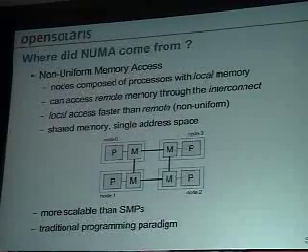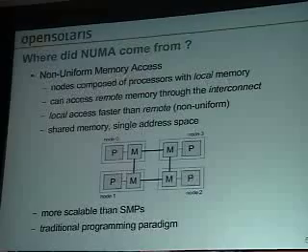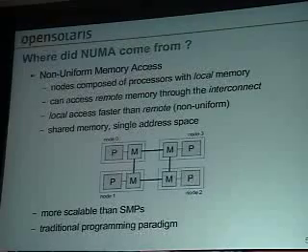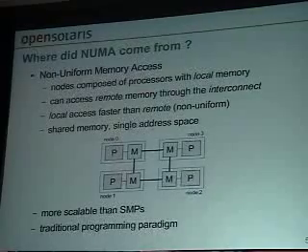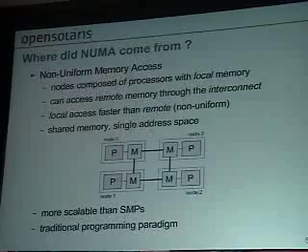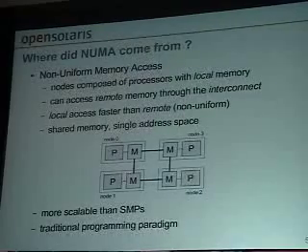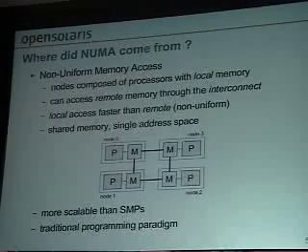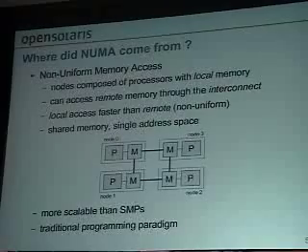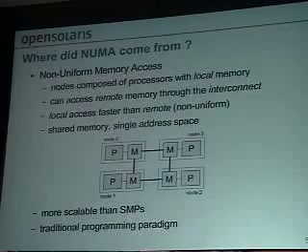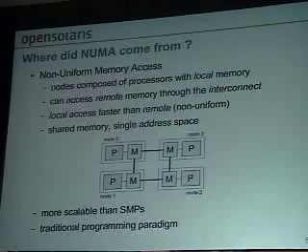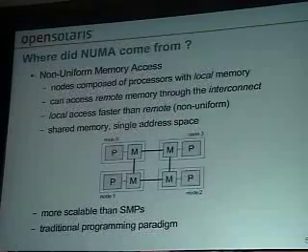And then NUMA comes in between those two models. You have nodes composed of processors and some memory or some devices, interconnected through what we call the interconnect hardware. For instance, in the AMD world, this is HyperTransport. In the Intel Nehalem world, this is QuickPath, which is coming out very soon. I forget what SPARC calls our version.